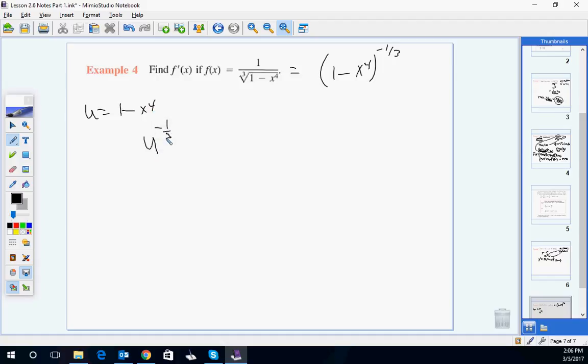The derivative of that is negative 1/3 u to the negative 4/3 u prime. So we have negative 1/3 times 1 minus x to the 4th to the negative 4/3. U prime, let's figure out what that is. So u prime is negative 4x cubed. And now we can plug everything back in.